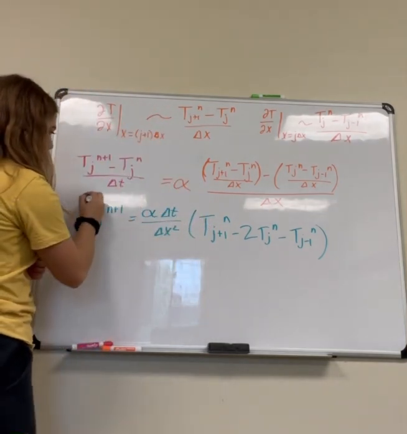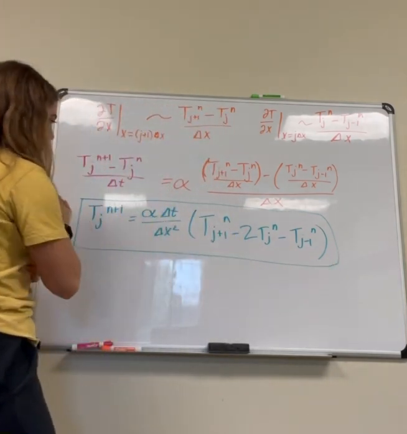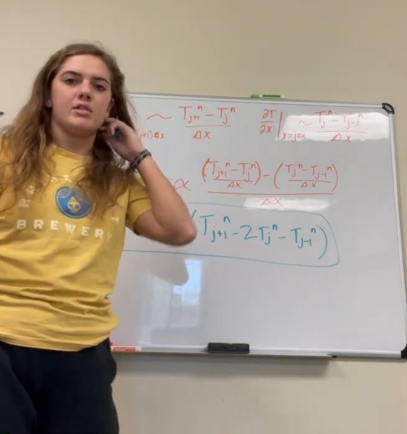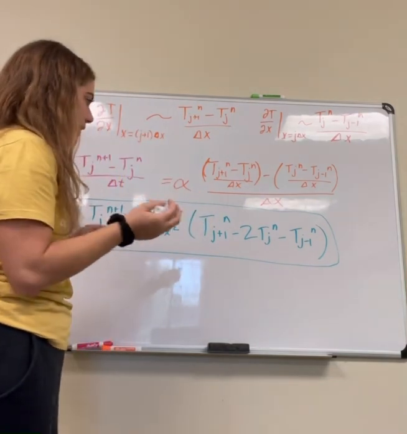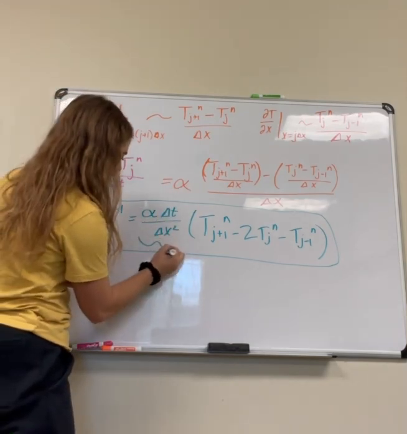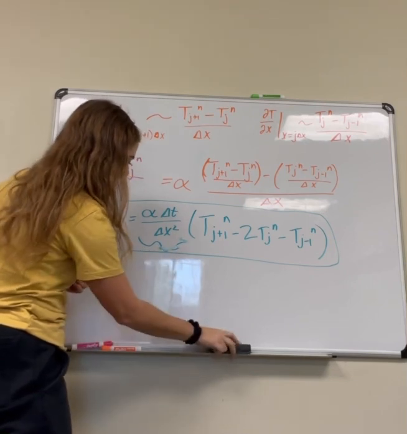And this right here is your derived equation, and we call it finite because we're going to be using specific numbers to plug in.